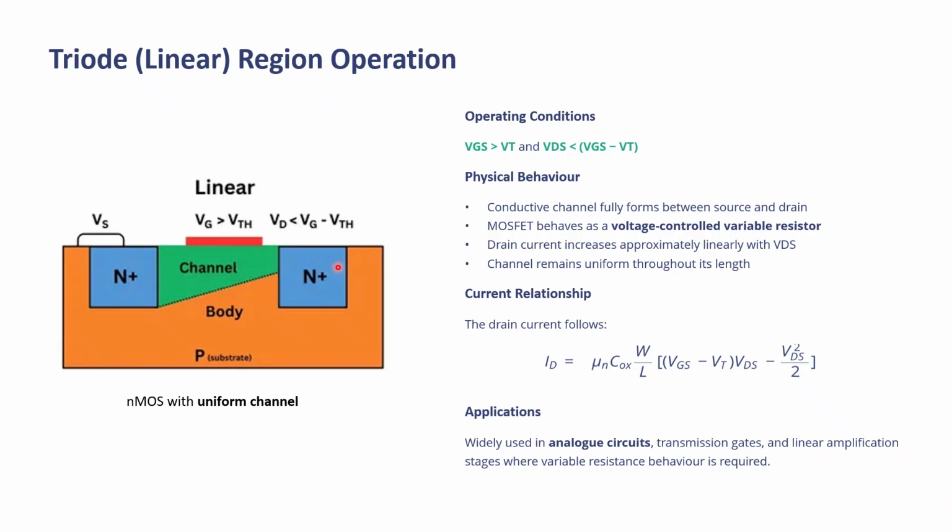In the previous picture, we have seen that there is no channel formed, so it is the cutoff operation. In this picture we can see that a channel is formed and the channel is nearly uniform throughout the length. That is why it is called the linear region operation.